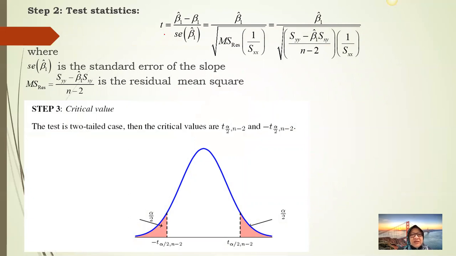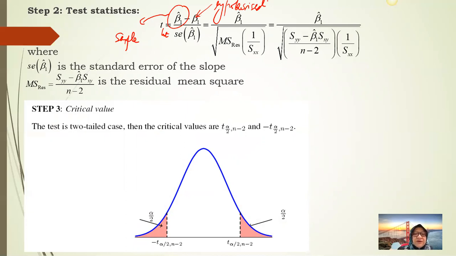The t test equals beta 1 hat, from the sample that we have, minus beta 1 without the hat, which is the hypothesized value. Normally it is not given, so we assume 0.